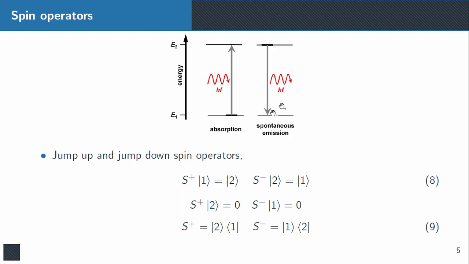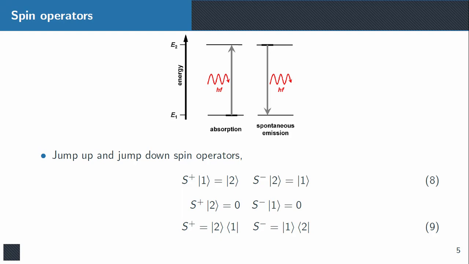So the jumping up and jumping down could be defined in terms of the spin operators, as when the electron changes its orbital, the spin of the electron also changes, and this is due to the interaction with the external electromagnetic field.